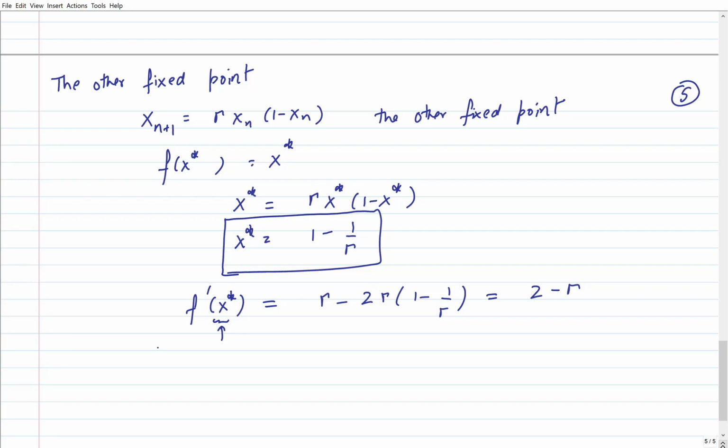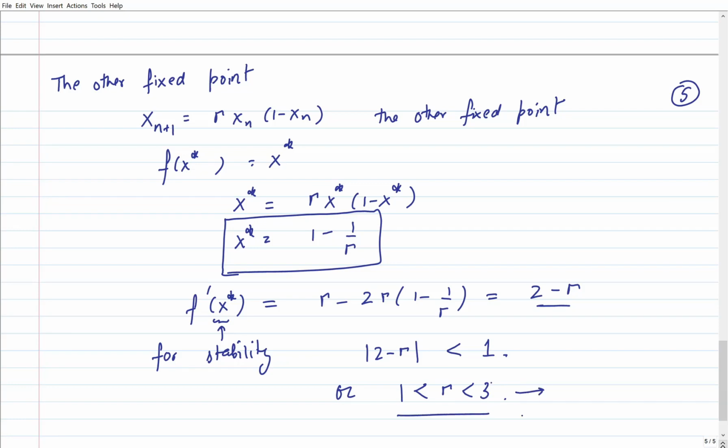And of course, we know that for stability, the slope should be less than 1 in magnitude, or r should be between 1 and 3. So for this range, the other fixed point is stable.